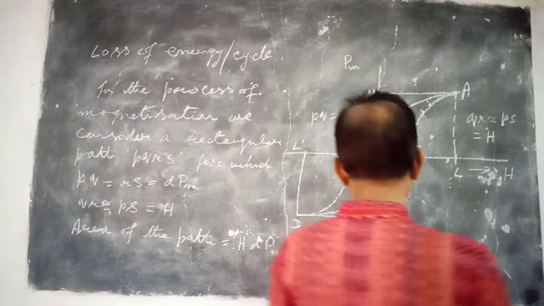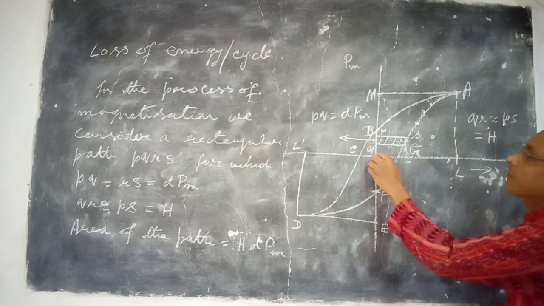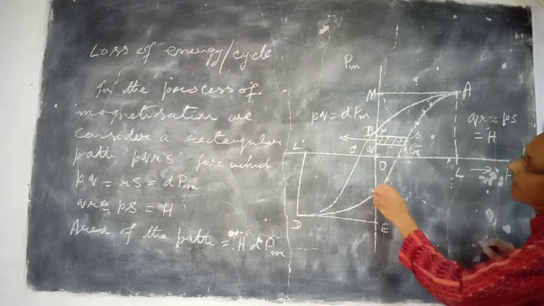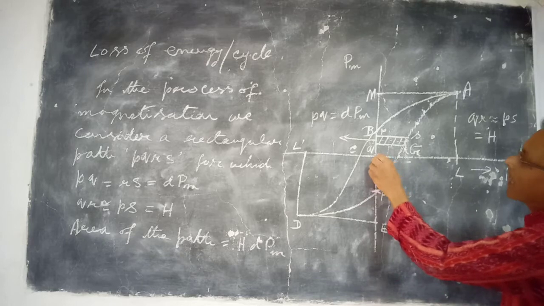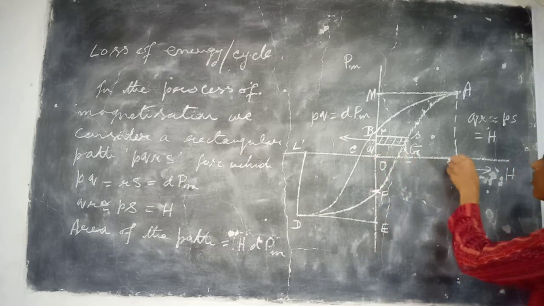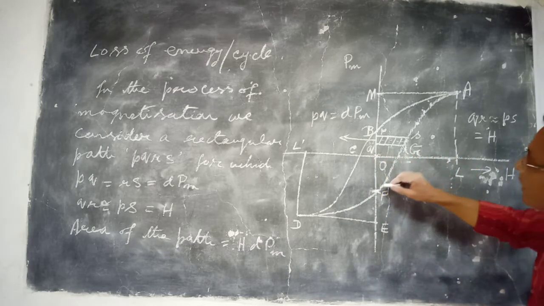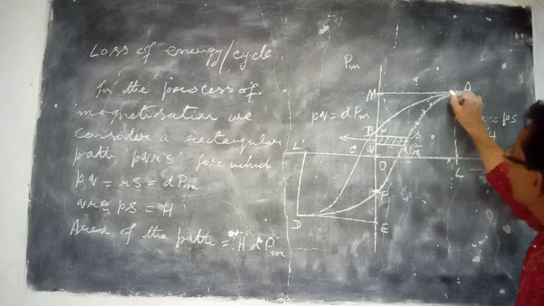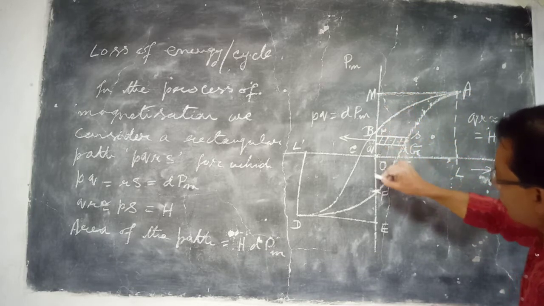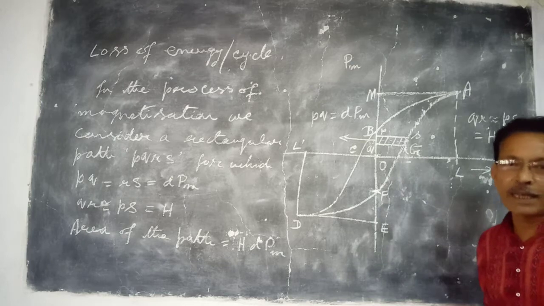So in this process, when we start from this point, this is the intensity of magnetization, this one OF, and H is starting increasing from here to here. So this will follow this path. This is the area enclosed by this H and dPm.